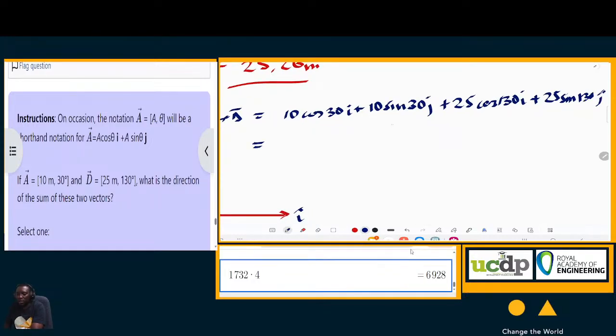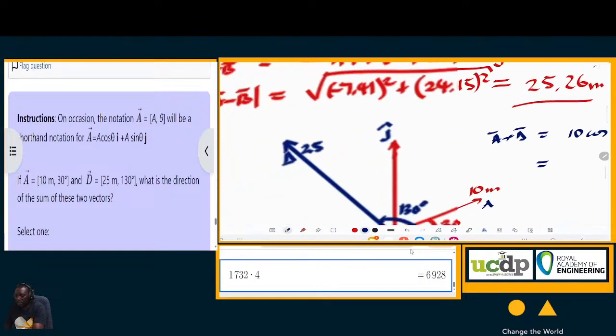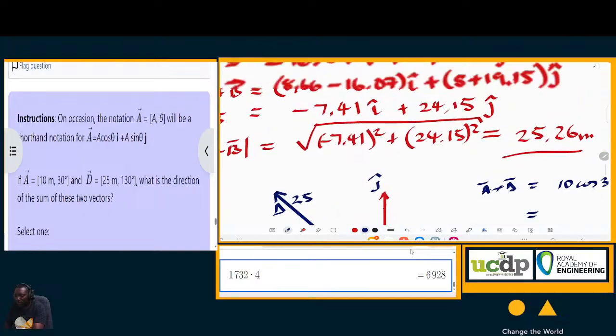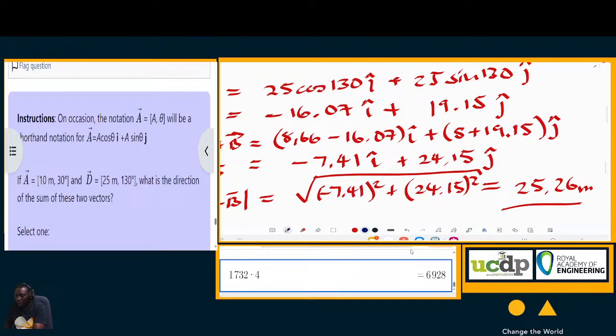And combining this, this was 5. I think I remember someone gave us these values.